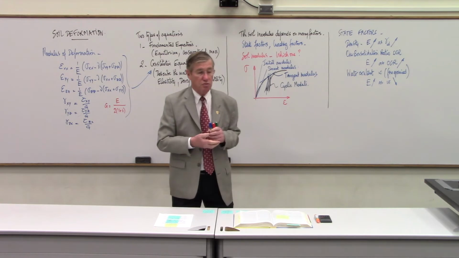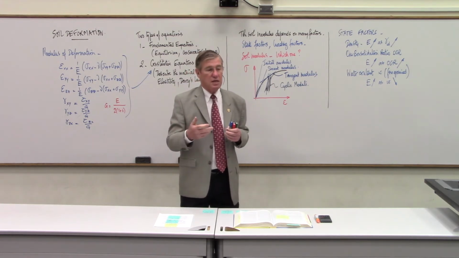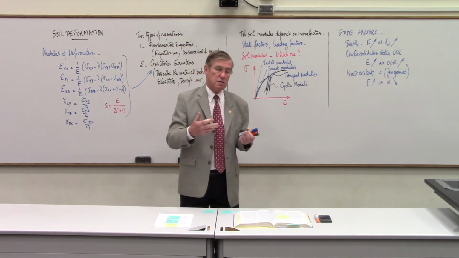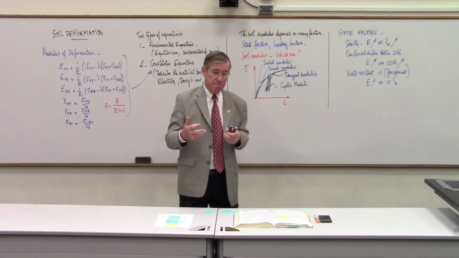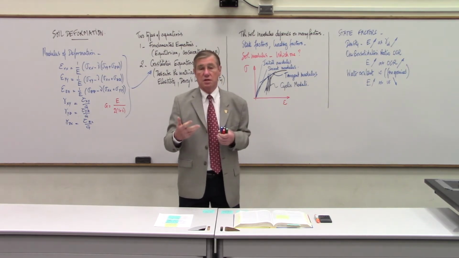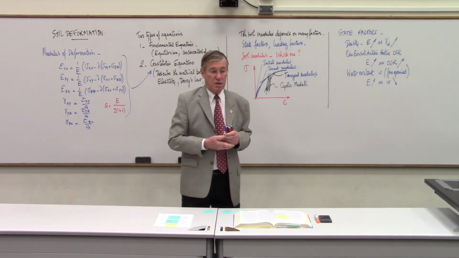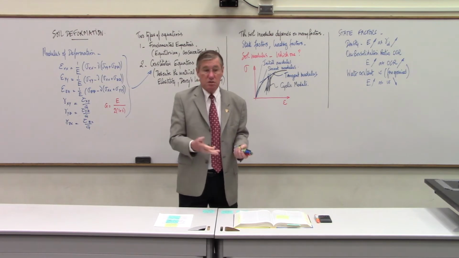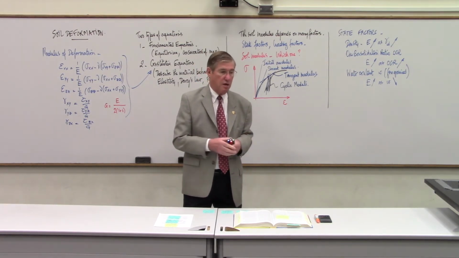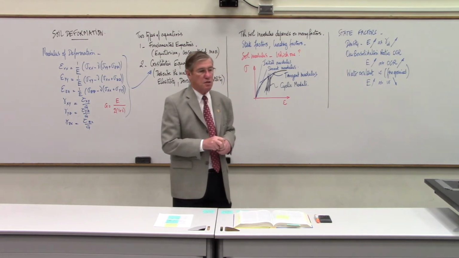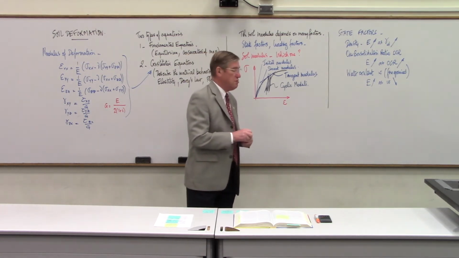You do compaction on material at a certain water content, the optimum water content, but if you let it dry in the sun and the material becomes stiffer, it could crack as well because of shrinkage, but it becomes stiffer for that reason.